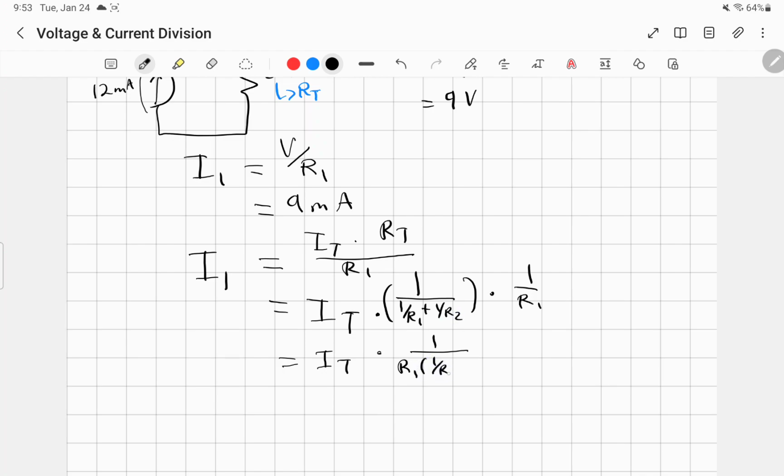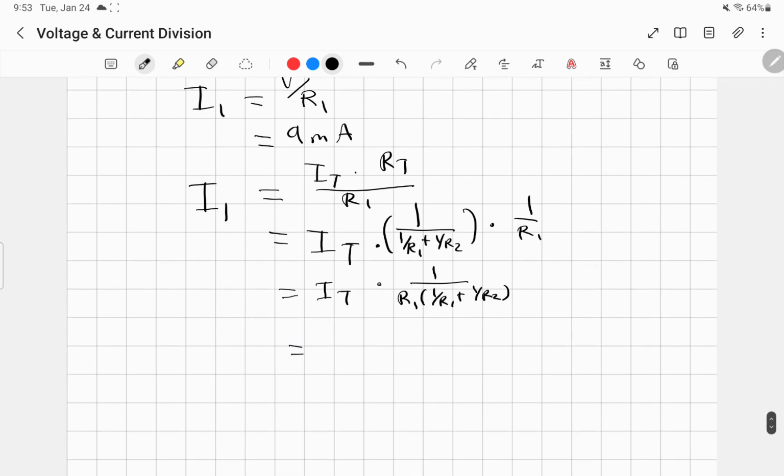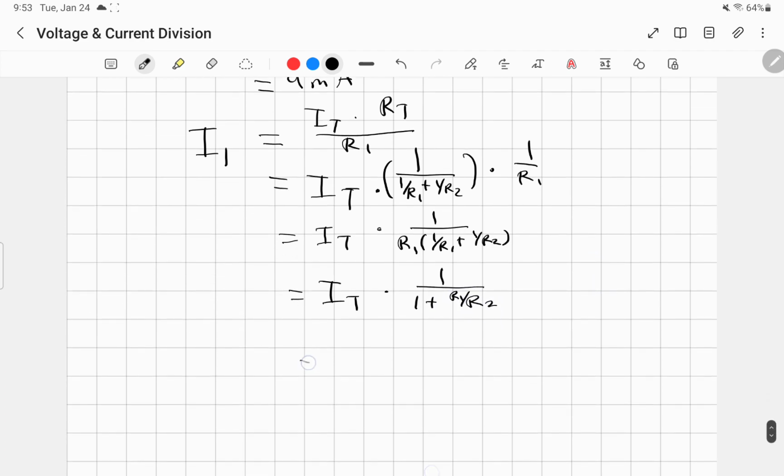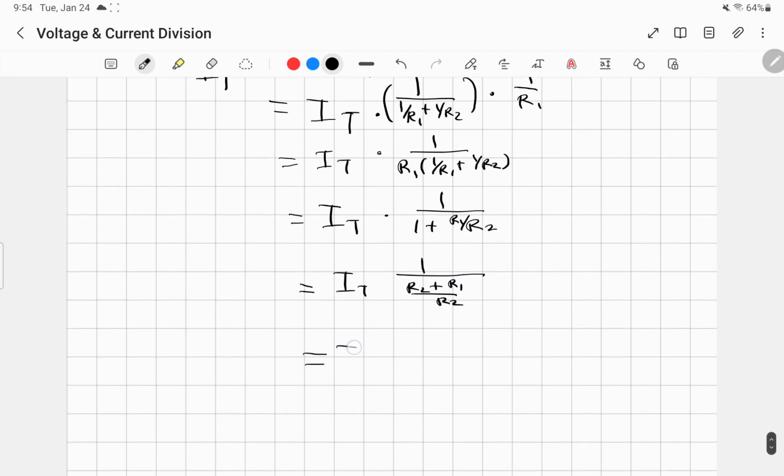If we do that, we get 1 over 1 plus R1 over R2. 1 plus R1 over R2 is going to be R2 plus R1 over R2. Let's just flip this around. And finally, what we get is this: I1 equals IT times R2 over R1 plus R2.